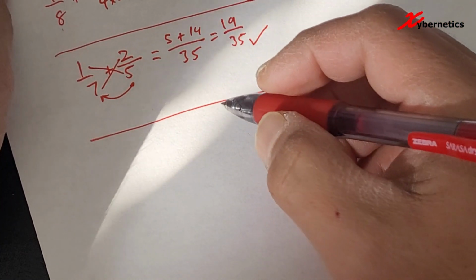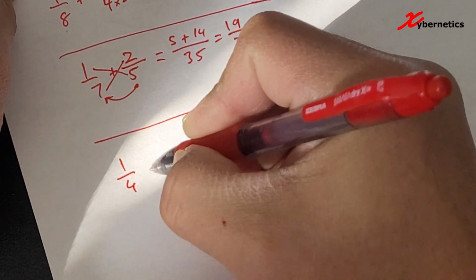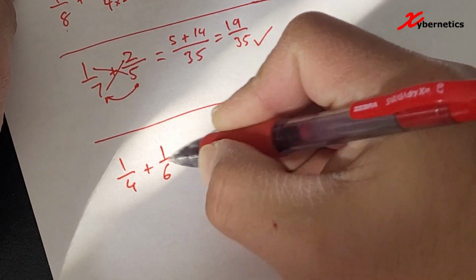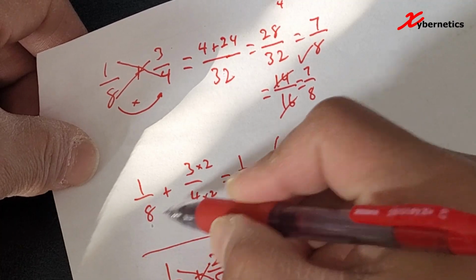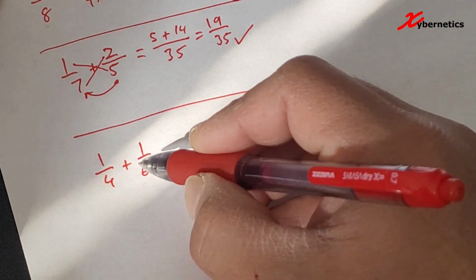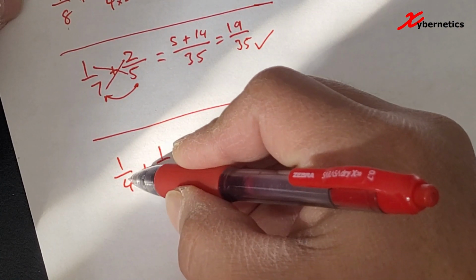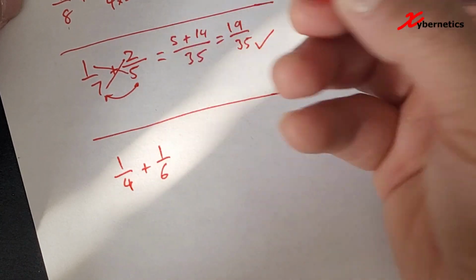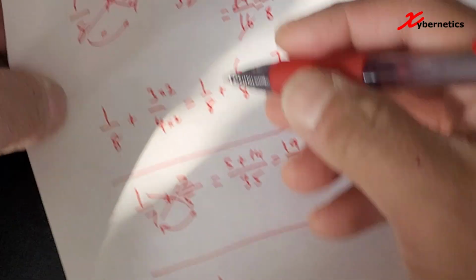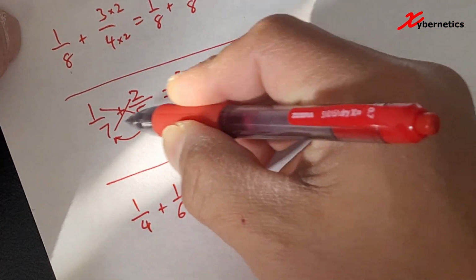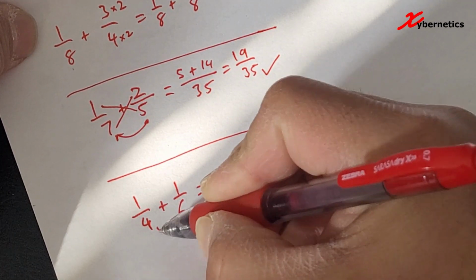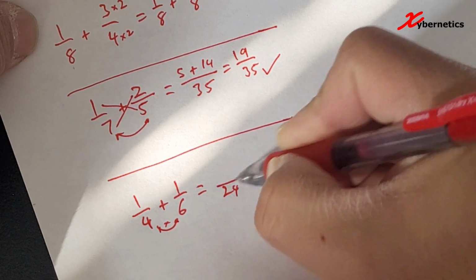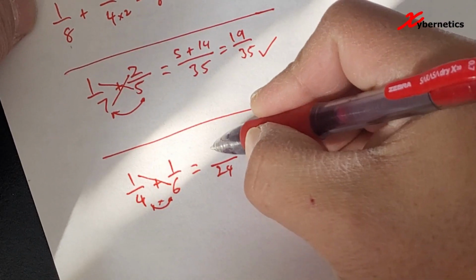Let's say, for example, another example I can show would be 1 over 4 plus 1 over 6. It almost looks like there's no common denominator, but there are two ways to make one. One way would be to use the internet way, multiplying the denominators, which gives you 6 times 4, which is 24.